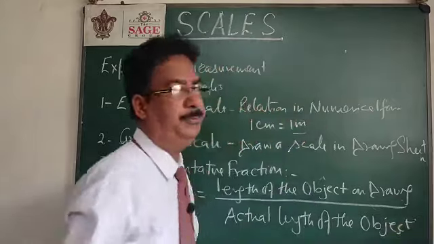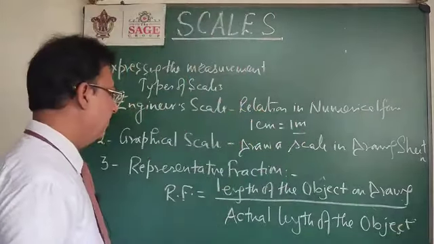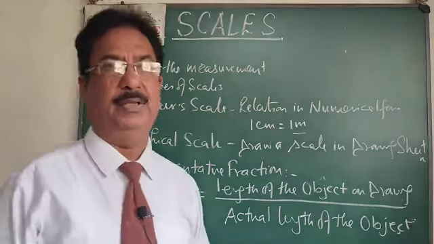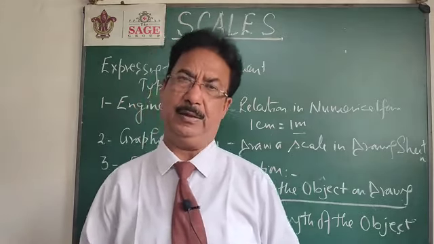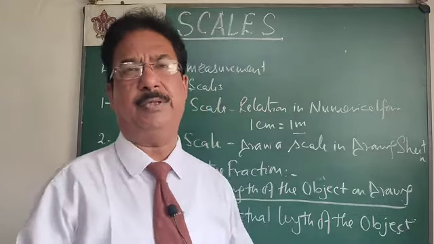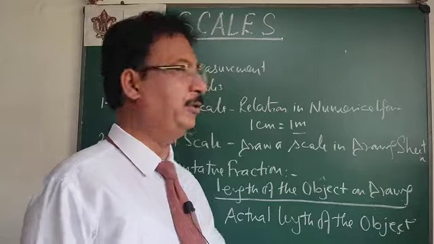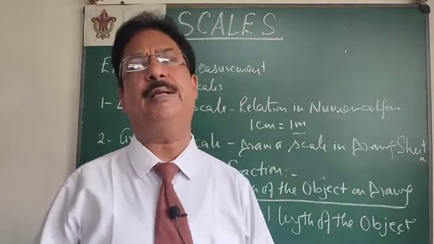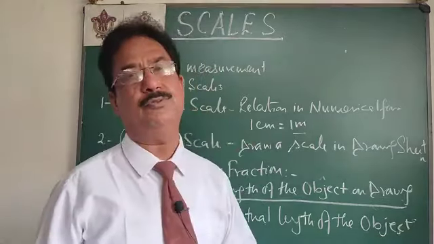So RF is again in the form of a proportion. Whatever scale we select, we will find out the RF for that. And the advantage of the RF is that it is a unitless number. It is a relation between two different lengths: one is the drawing length, the second is the actual length. So that proportion is more beneficial than saying 1 centimeter equals 1 meter.